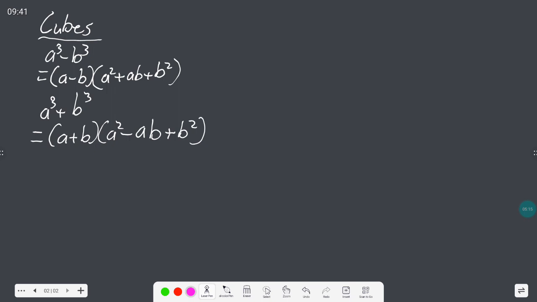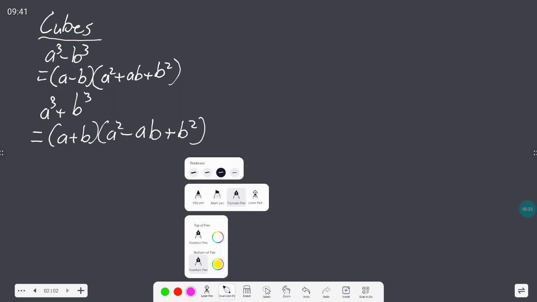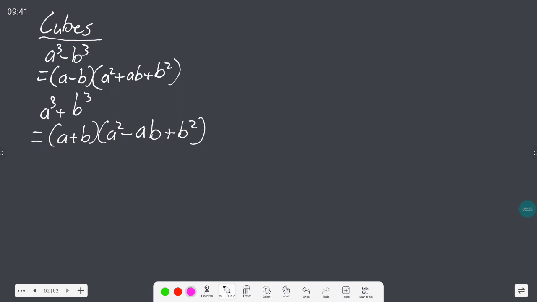Now, let's do a few examples of these. So let's say I have 8a cubed plus 27. Okay, what's actually standing here?